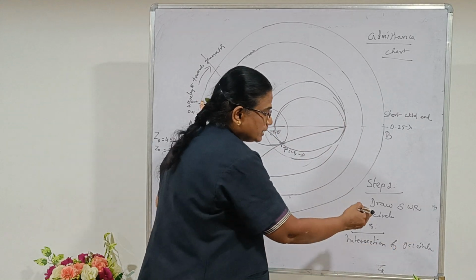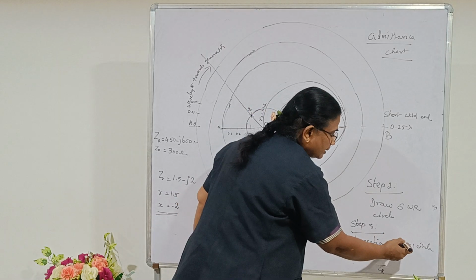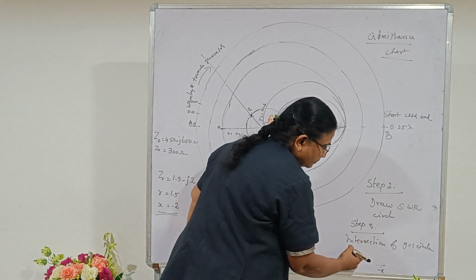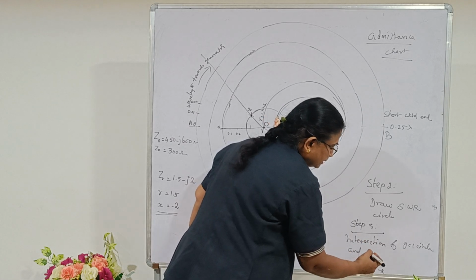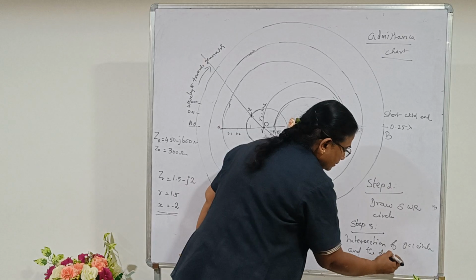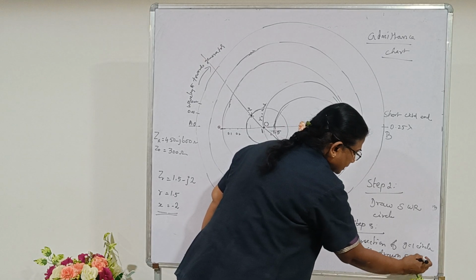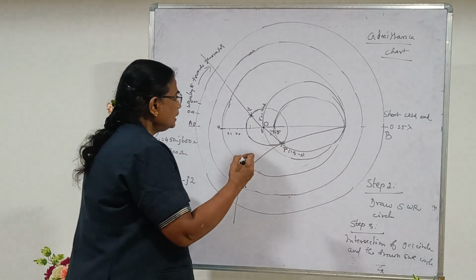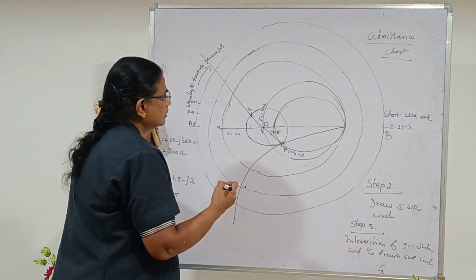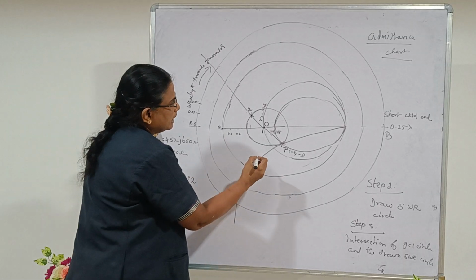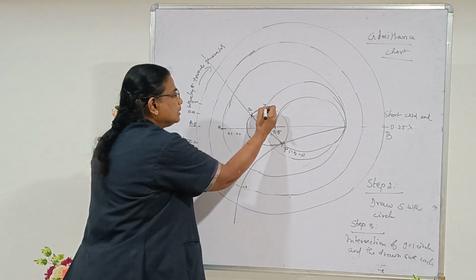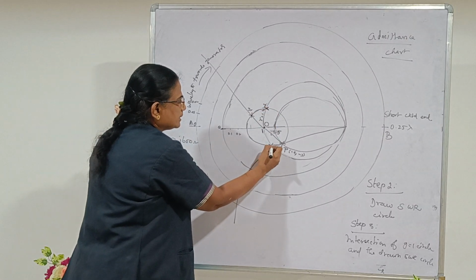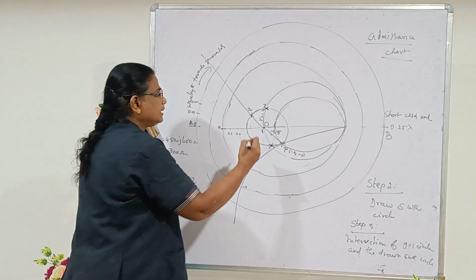That is why I am using the word G instead of R. The reciprocal of R is G. So the intersection of the G equal to 1 circle and the drawn SWR circle. Here there are two intersecting points. You mark the two intersecting points. This is one intersecting point and here is another intersecting point.